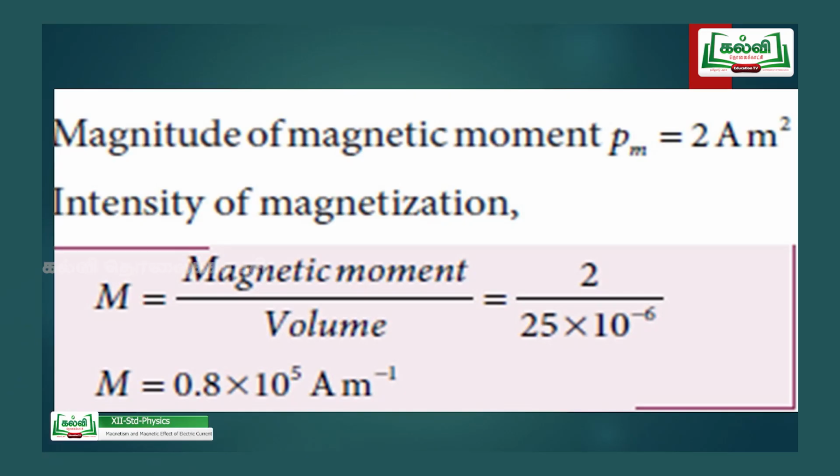The magnetic moment is given and the question is the intensity of magnetization. The formula for intensity of magnetization, denoted by M, is equal to magnetic moment divided by volume. Magnetic moment is given and volume we have calculated in the first part. Now, substituting, we will get the answer.